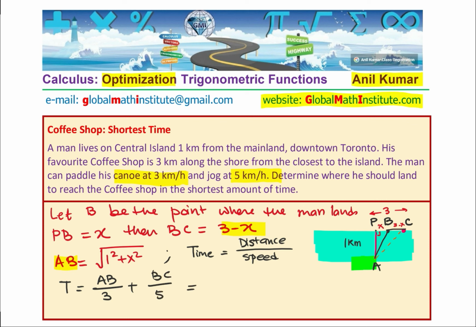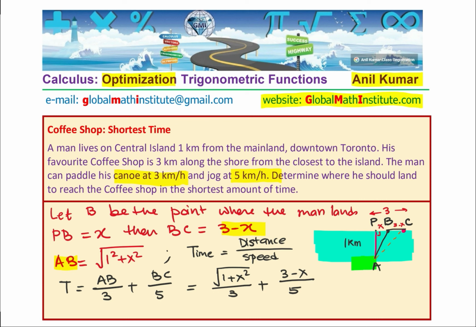So we get A to B is square root of 1 plus x square over 3, plus B to C is 3 minus x over 5, correct? So we get our formula for time. The idea is to reduce this time, and that is we are going to find the first derivative and analyze.